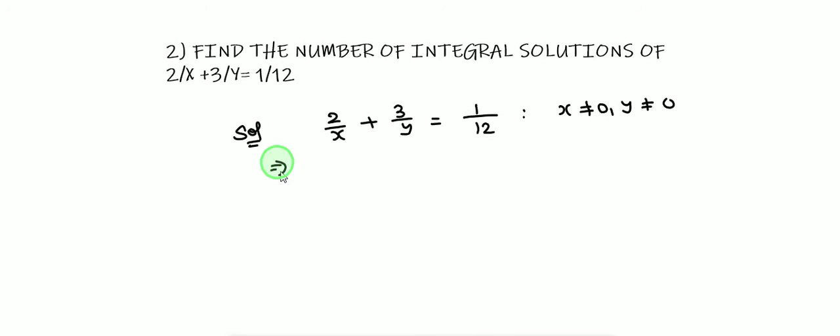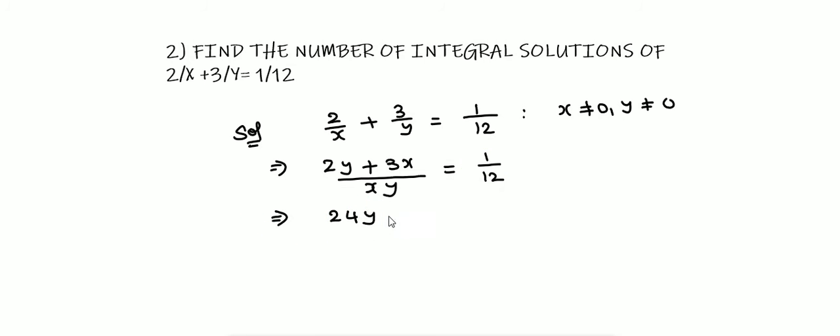So if you take LCM, (2y + 3x)/xy is equal to 1/12. After cross multiplication, you would get 24y + 36x = xy.